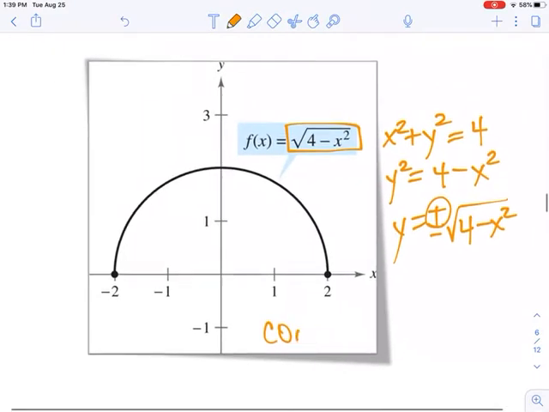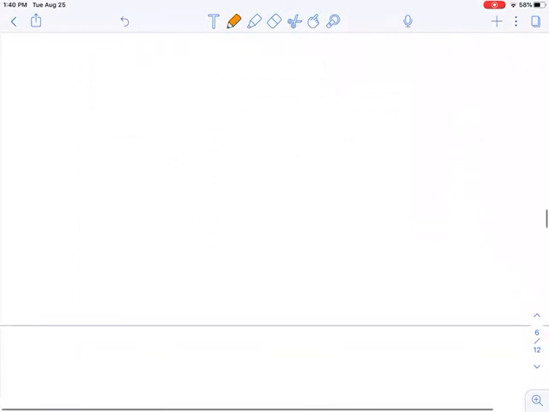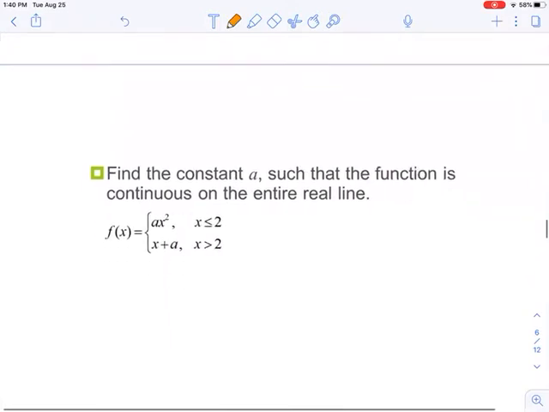Since it's the positive, it's the top semicircle. With its limited domain, it is continuous. So we would say that we have continuity on the closed interval -2 to 2, because we can include those endpoints since there are coordinates there.